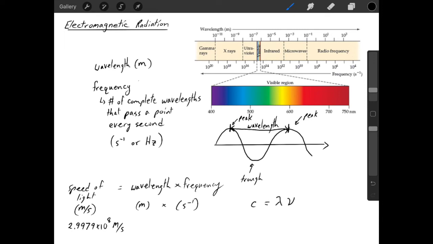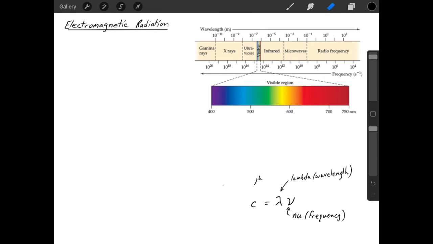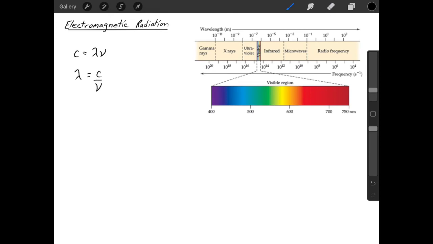So c is simply the speed of light, and the Greek letter lambda is our wavelength. And the Greek letter nu is our frequency. So I've rewritten the expression now. You can see that because the speed of light is a constant, lambda and nu are inversely proportional to one another.